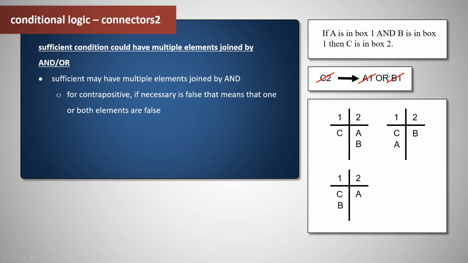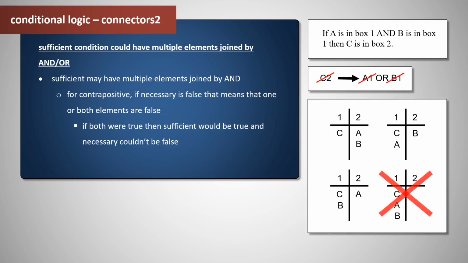So this is a situation where it's not the case that A is in 1 or that B is in 1. If both were true, then the sufficient would be true and the necessary couldn't be false. If you had a situation where A was in 1 and B was in 1, well then you'd have C in 1 and the two of them in 1, which would be a contradiction.